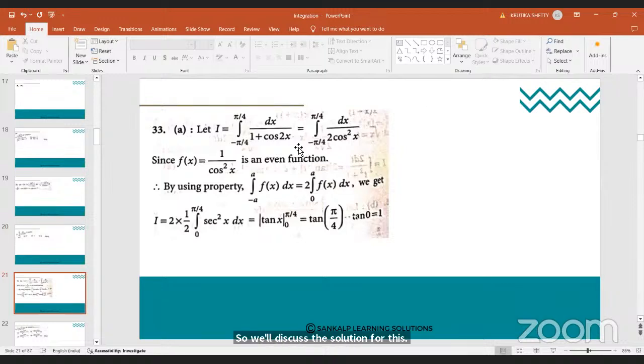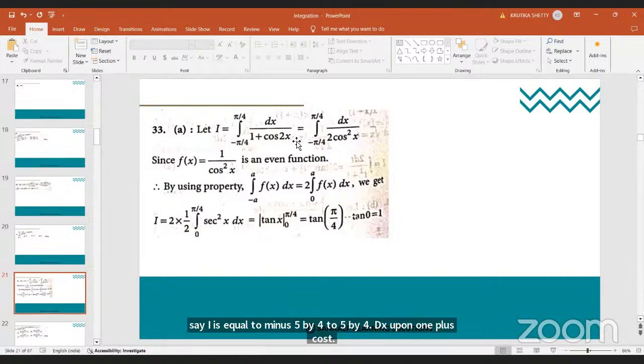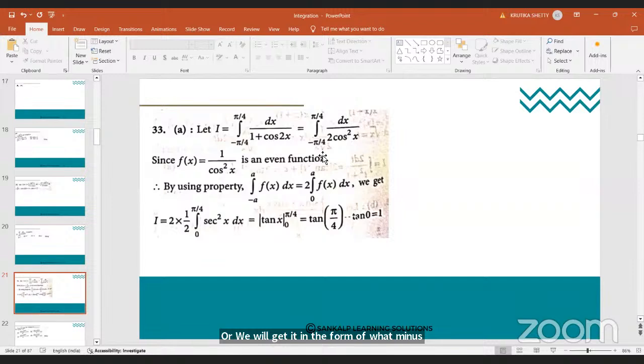See, I is equal to integral from minus pi by 4 to pi by 4 of dx upon 1 plus cos 2x, or we can write it as integral of dx upon 2 cos square x. So here f of x is 1 upon cos square x.